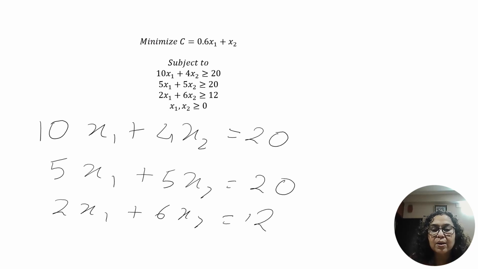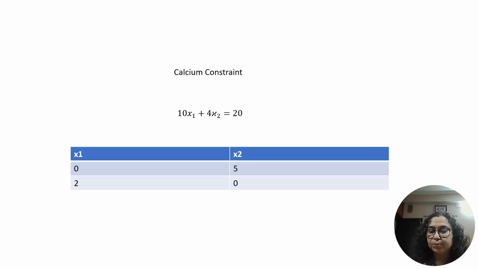Let us now start with our plotting. To plot, first we choose the calcium constraint, 10x1 plus 4x2 is equal to 20. What we do here is we first set one of the variables to zero.